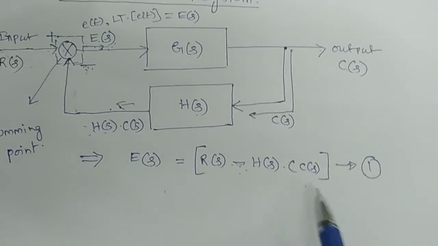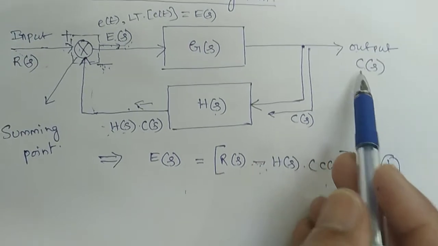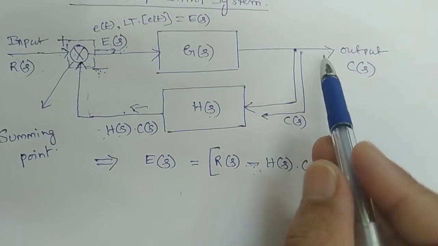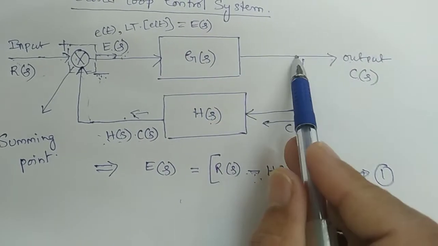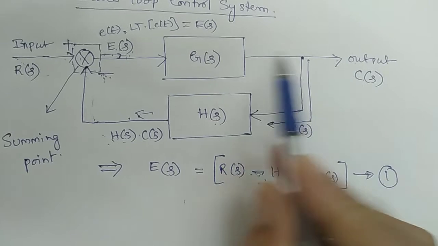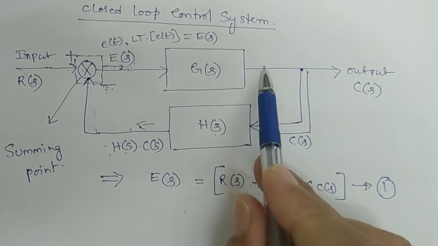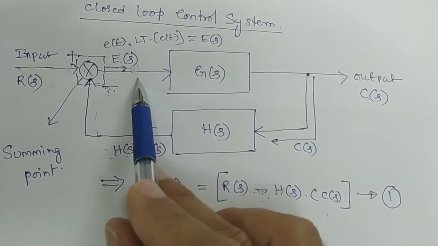Now the second expression. What is the second expression? Simply write the expression for C(s). What is C(s)? C(s) is straightforwardly the output you are taking after G(s). Therefore, for C(s), what is the gain into its input?